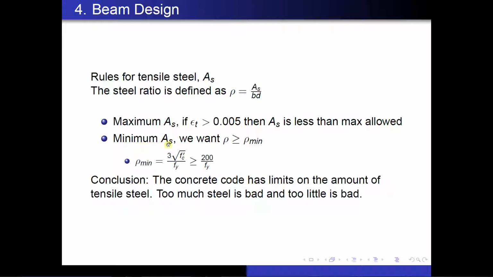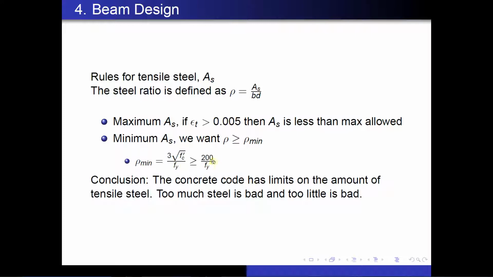Secondly, there is a minimum amount of steel that we want to have. And this comes about by this inequality here. We want rho to be greater than the minimum steel ratio. And that minimum steel ratio can be calculated by this set of equations here. And basically, we want the larger of these two when we calculate rho minimum.